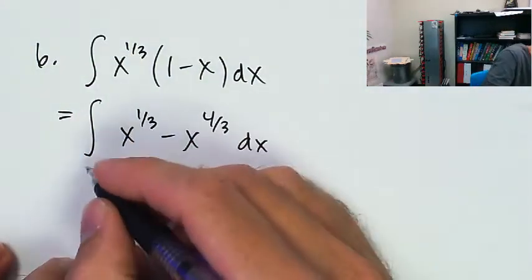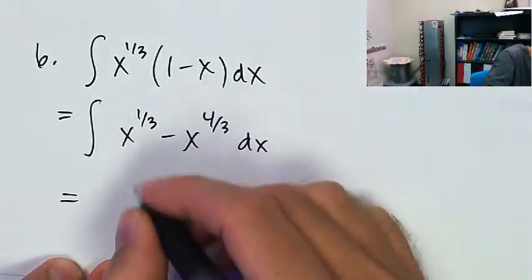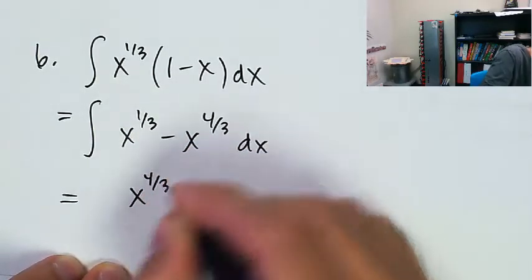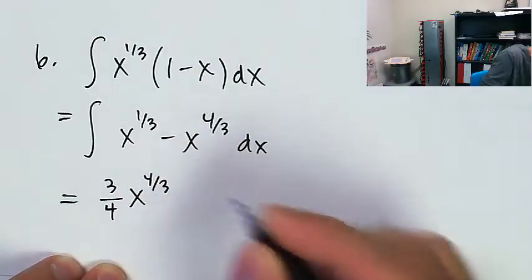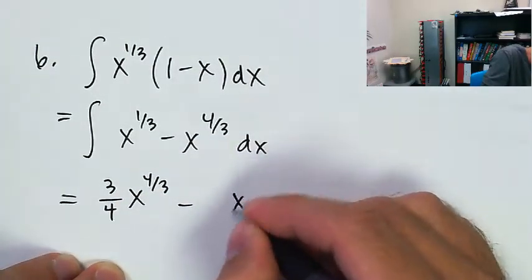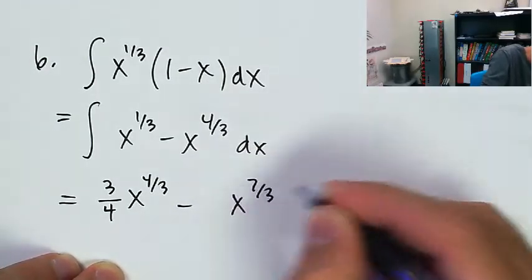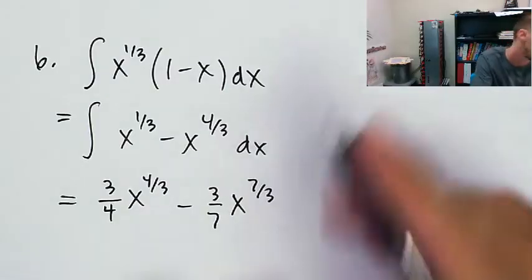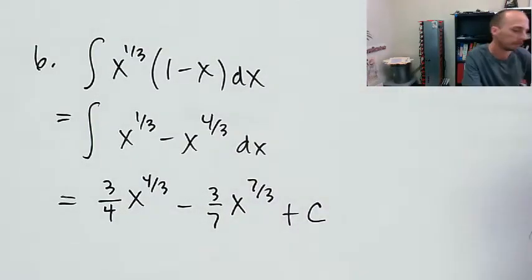So this is equal to, bump up the power by 1, add 3/3, that's x to the 4/3, divide by 4/3 is like multiplying by 3/4. Minus, increase the power by 1, that will be 7/3, and then divide by the new power, that'll be multiplying by 3/7. Plus c.